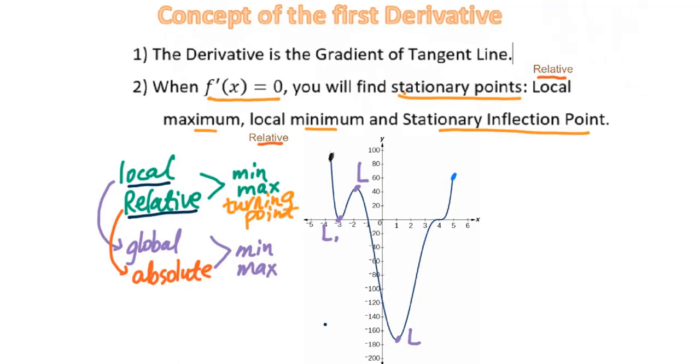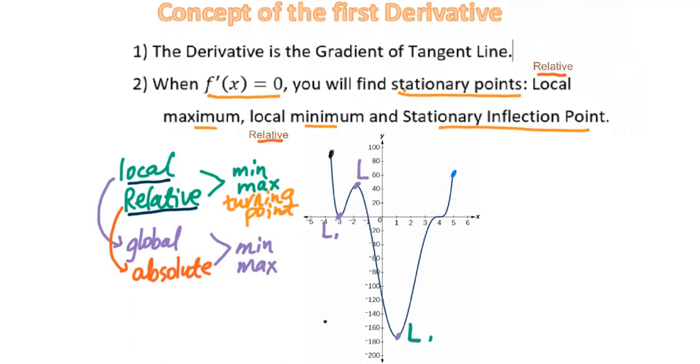Sometimes your local maximum or local minimum will be the absolute one. For example, look at the whole graph. We know this one, the local one, is also the global one. It's a global minimum. But look at the whole graph where you can find the global maximum or absolute maximum.